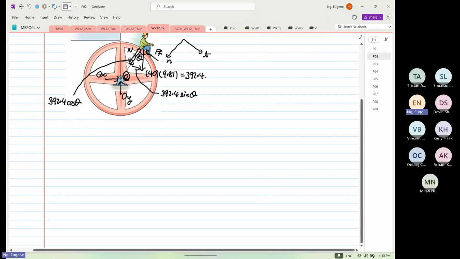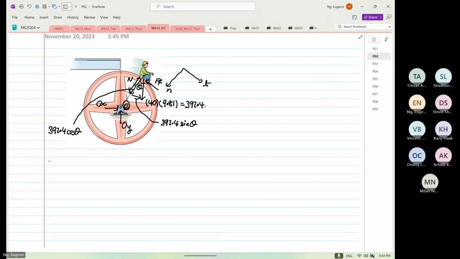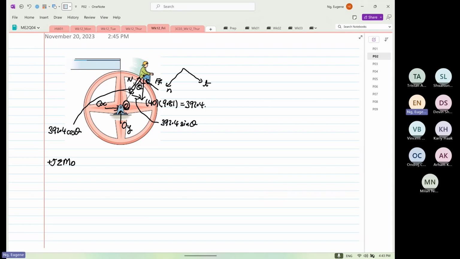So I'm going to take the moment at point O. And then we are going to do summation of moment at point O in kinetic.